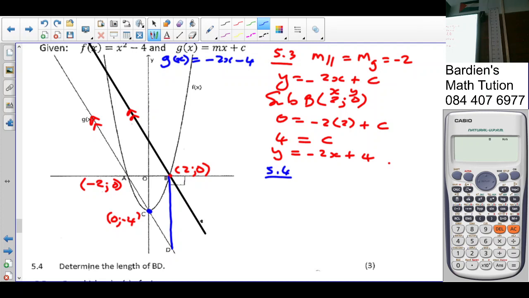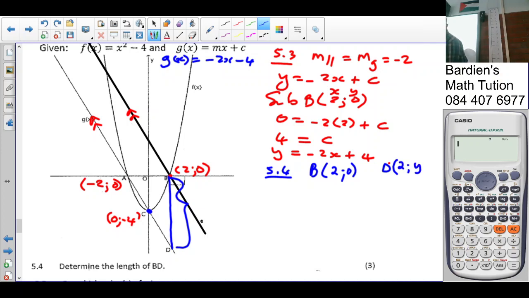Since it's parallel to the y-axis, if we subtract the two y coordinates of those two points, B and D respectively, I will get the length of BD. What are the coordinates of B? 2 and 0. What are the coordinates of D? We know x is 2, but y we don't know at this point.